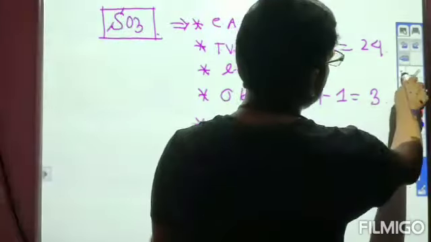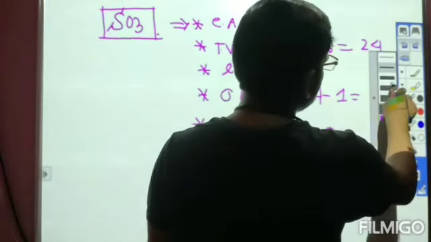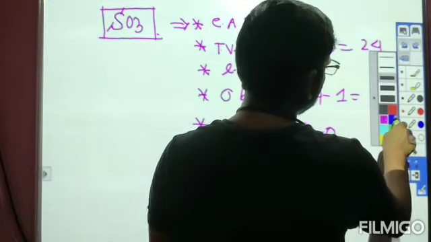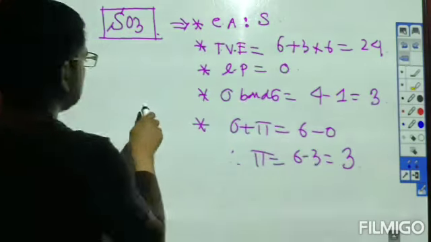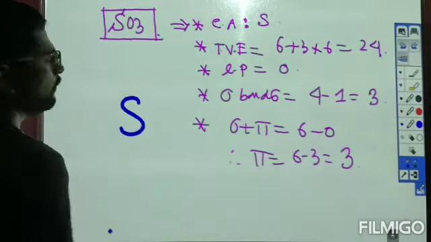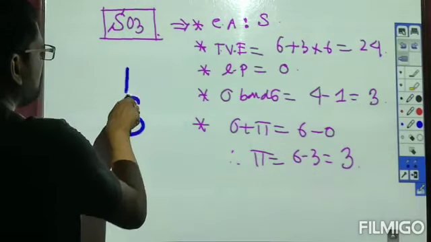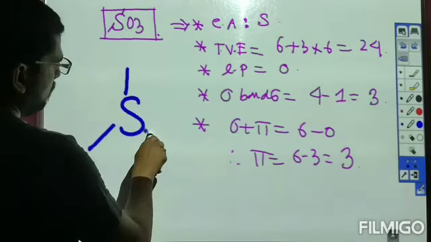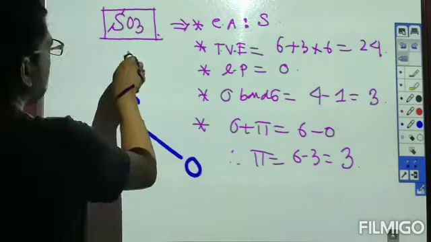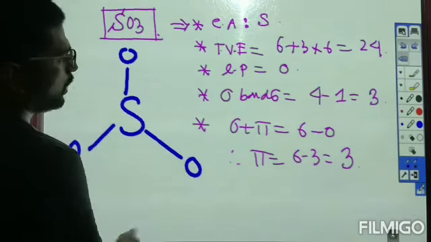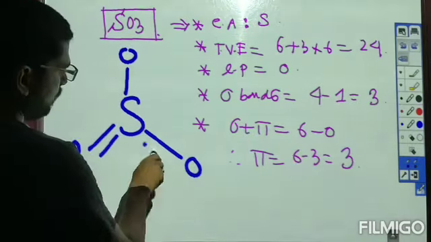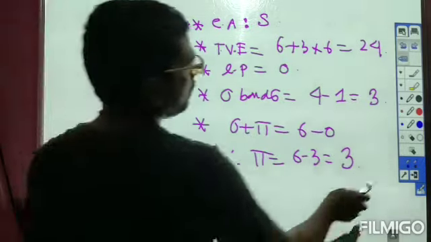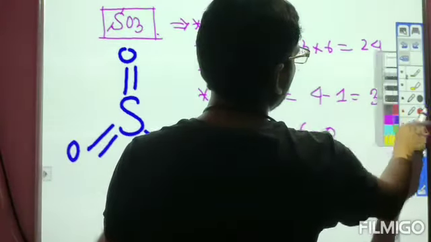Now let me draw the structure. Sulfur, 1, 1, 1, 1 sigma, oxygen. Now pi: 1 pi, 2 pi, 3 pi. Now put one pair of electrons.